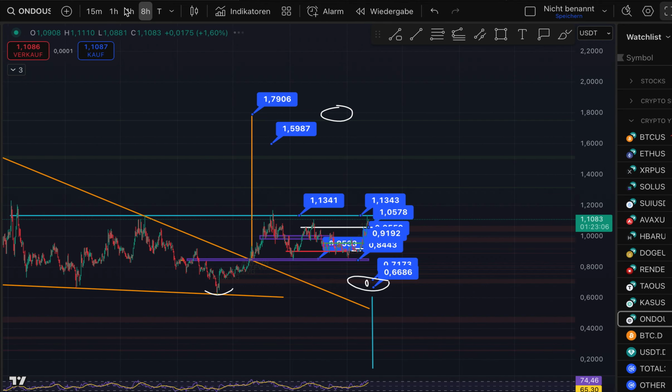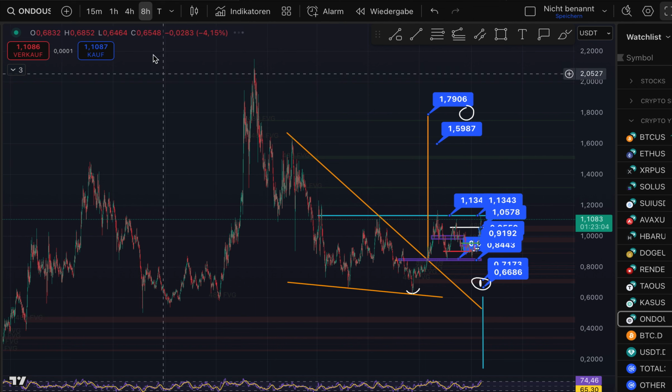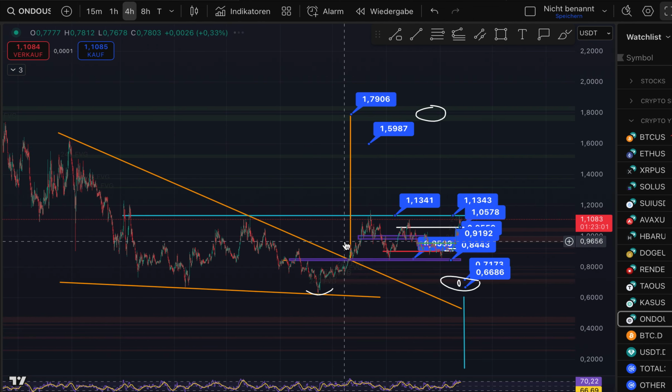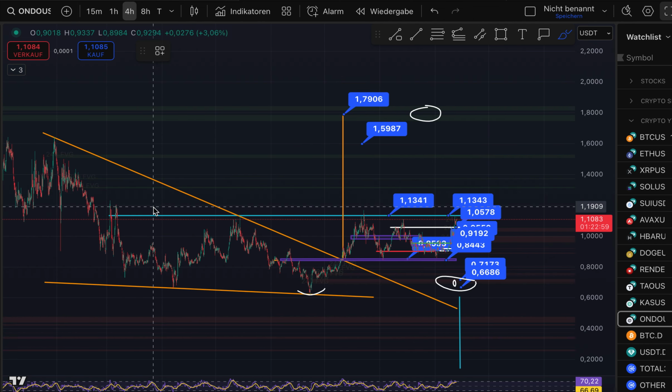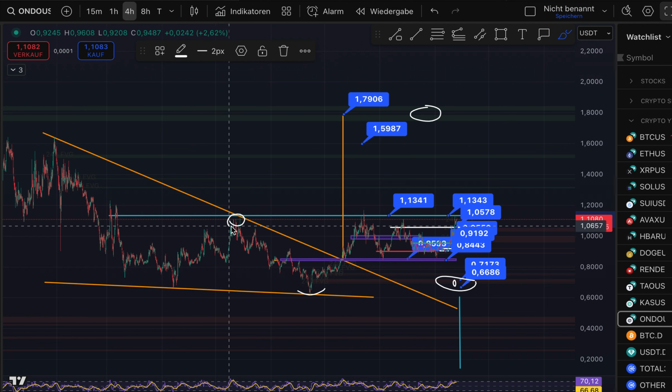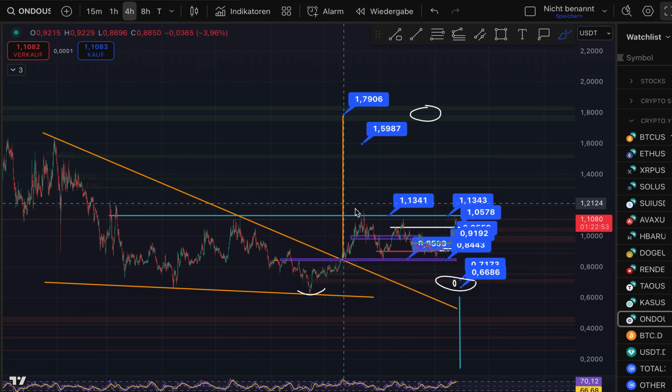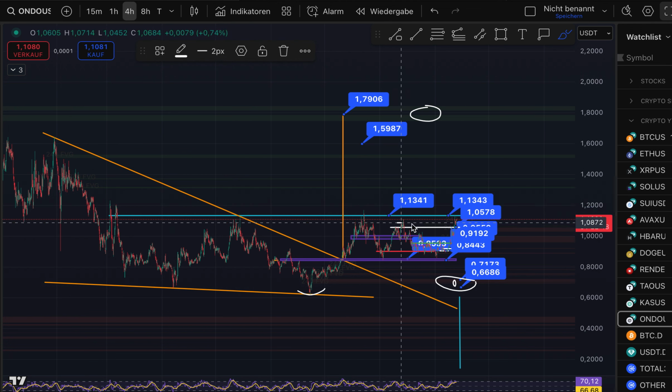Let's go into the 4-hour chart. This should be enough. So in the past, we bounced a few times at $1.13. Here also $1.13. Close to $1.13.